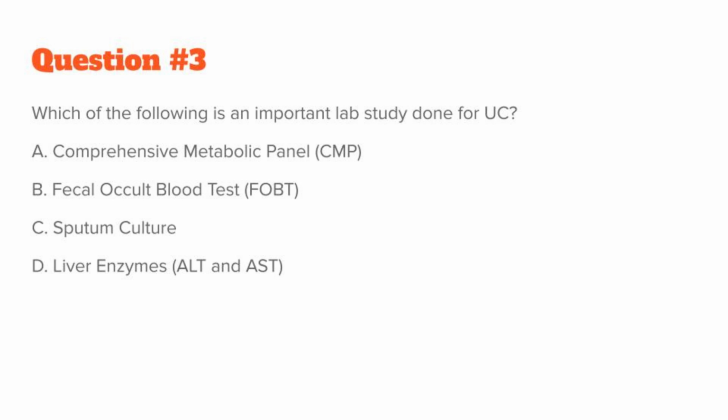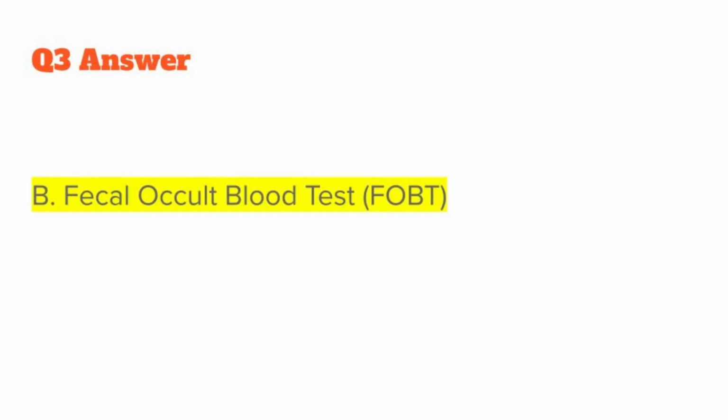The options are Comprehensive Metabolic Panel, CMP, Fecal Occult Blood Test, FOBT, Sputum Culture, or liver enzymes, ALT and AST. I'll let you guys answer that question. And the answer is Fecal Occult Blood Test, FOBT.